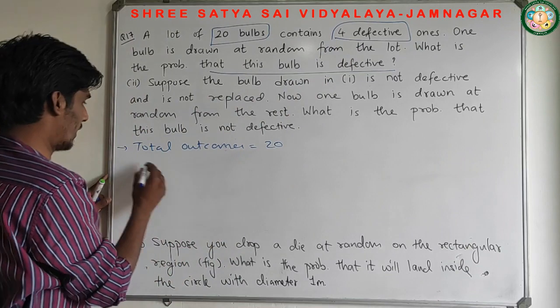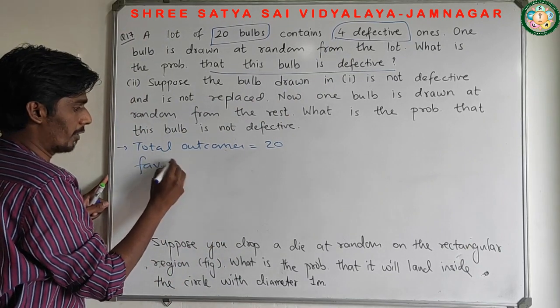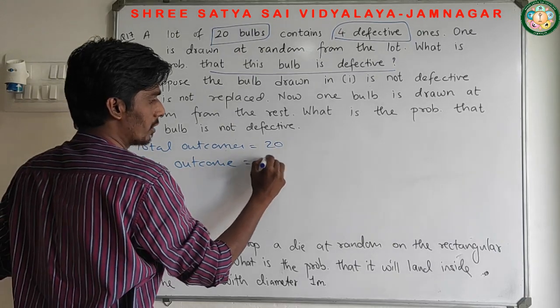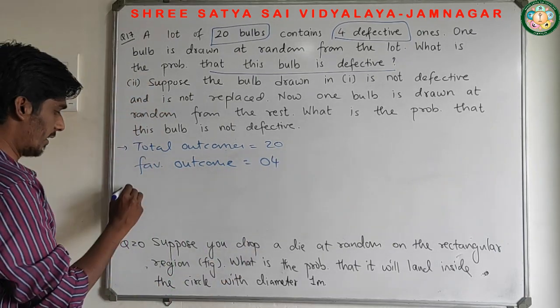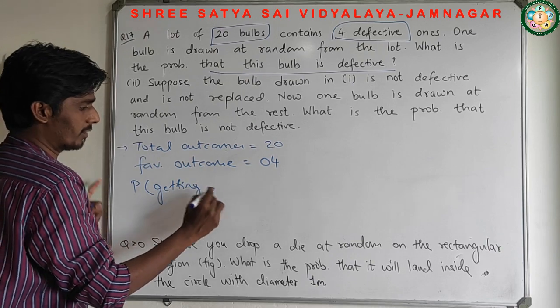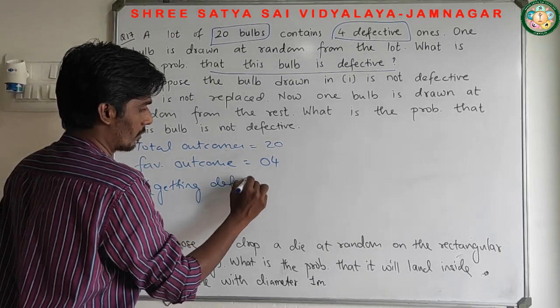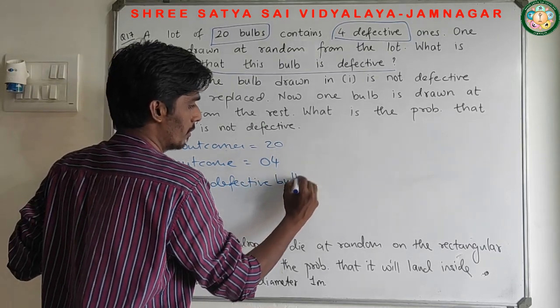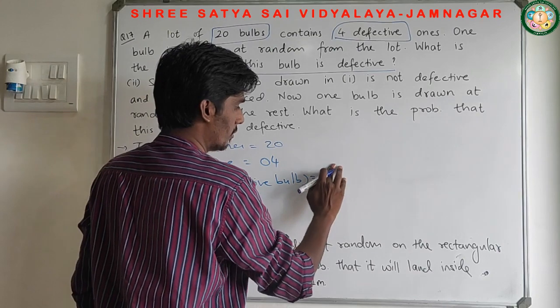So out of 20, how many are defective ones? 4. So I can write here favorable outcome is how much? 4. So I can write probability of getting defective bulb is what?